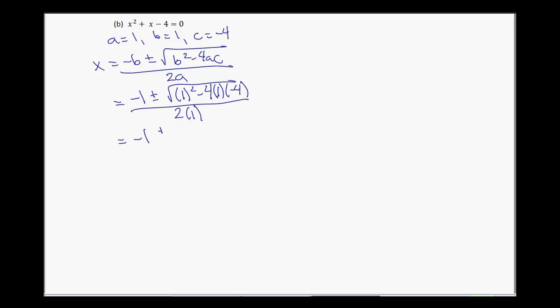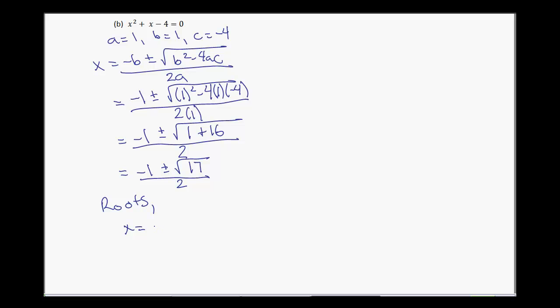Simplifying, we get negative 1 plus or minus the square root of 1 plus 16, all divided by 2. Then we get negative 1 plus or minus the square root of 17 divided by 2. From here, we cannot simplify anymore, so the roots of this equation are x equals negative 1 plus root 17 divided by 2 and negative 1 minus root 17 divided by 2.